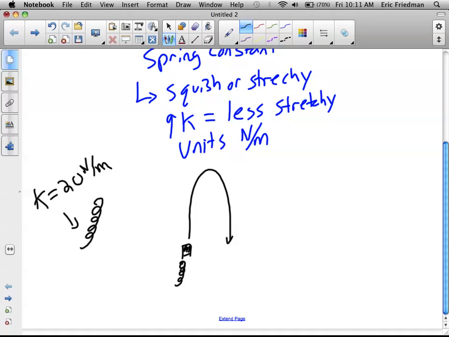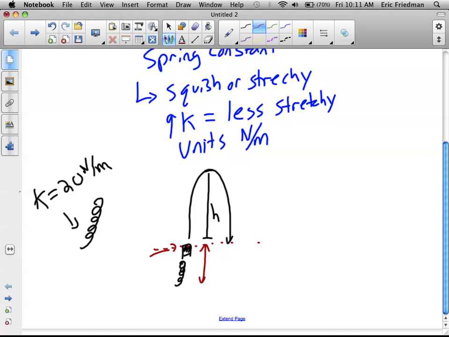What I want to know is how high does the mass go? That was our marble in class. I'm measuring it from the top of where the spring was squished. I'm ignoring this distance down there. What I need to know is how much the spring was initially squished.